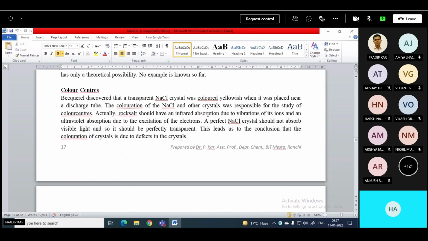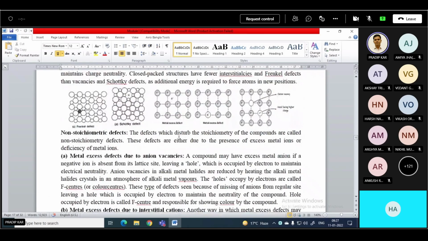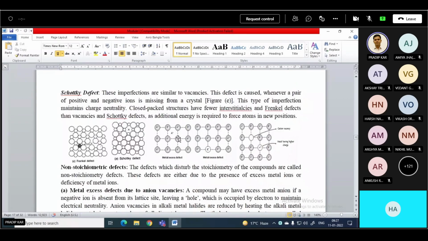Now, we have already mentioned that due to small defects present in the crystal lattice, the properties, especially optical and conductivity properties, are greatly influenced. Although density and strength are little influenced, because in case of stoichiometric defects the composition is the same, so those properties are the same.